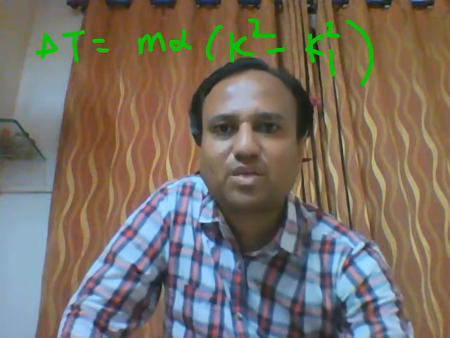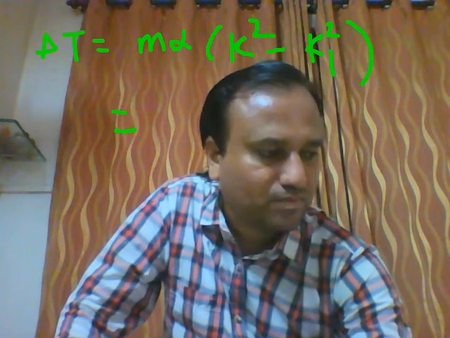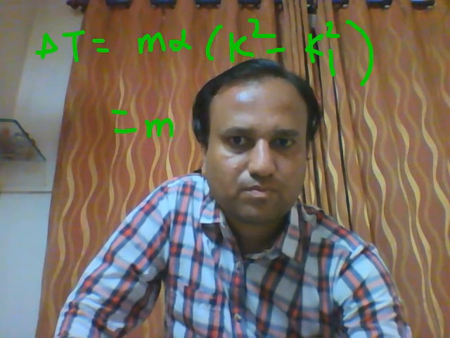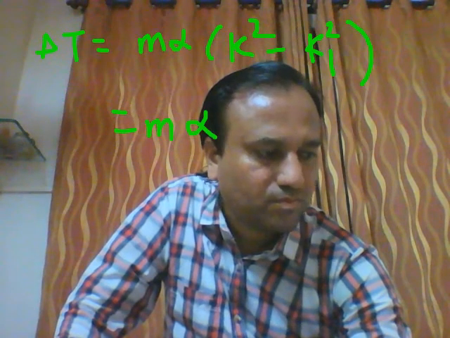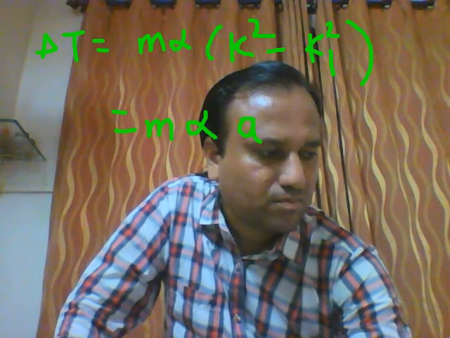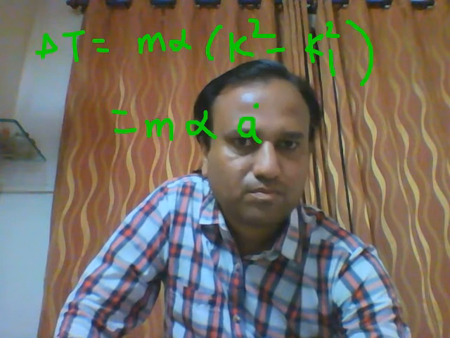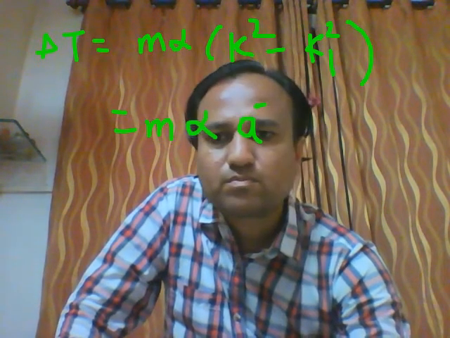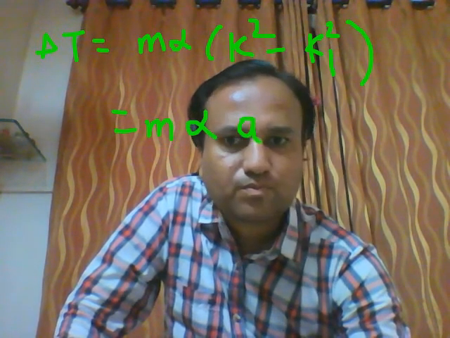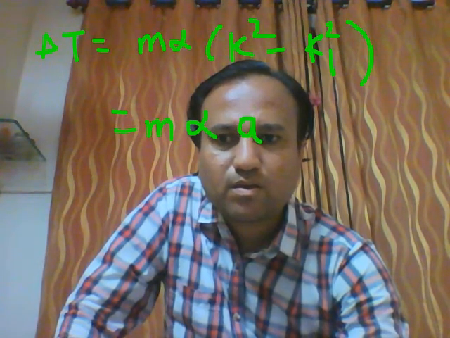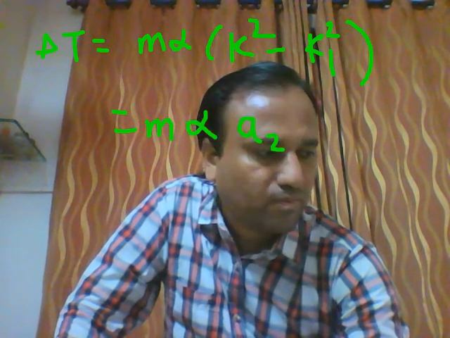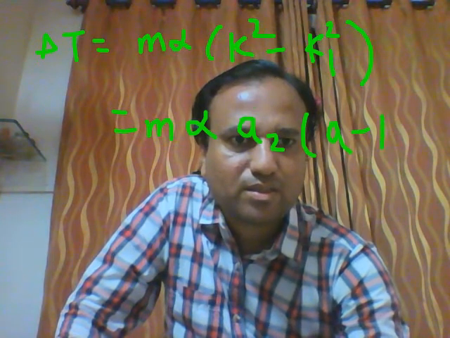Again, by simplifying this equation, m alpha into a2 in bracket a minus A.